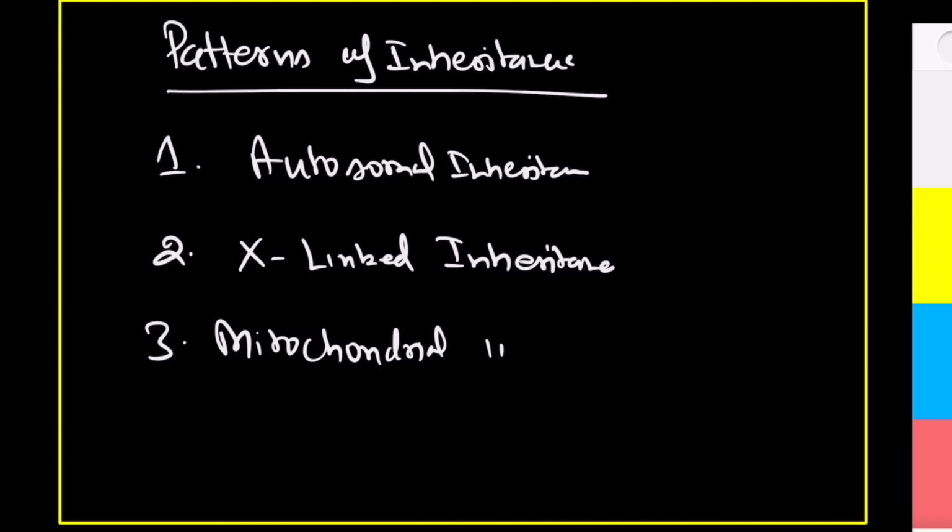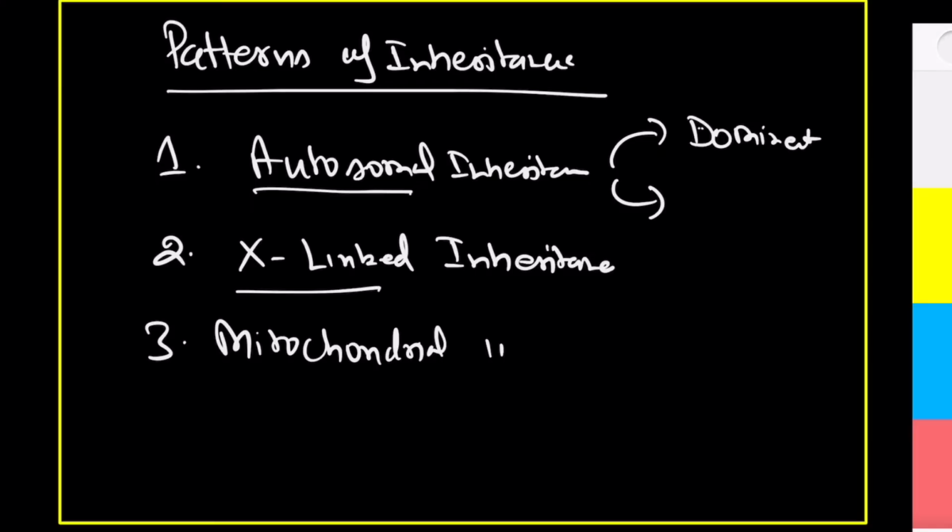Now try to see here. Today we are going to discuss autosomal inheritance and X-linked inheritance, which are found in the case of human beings. Keep in mind, autosomal inheritance can be of two types: autosomal dominant inheritance and autosomal recessive inheritance.